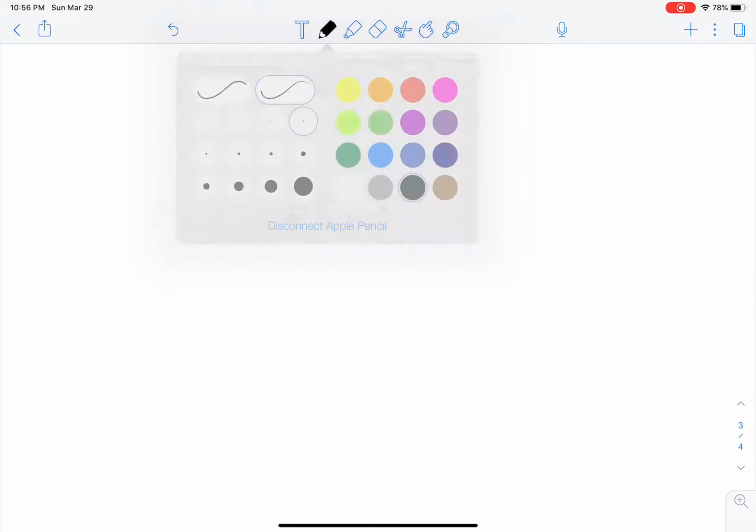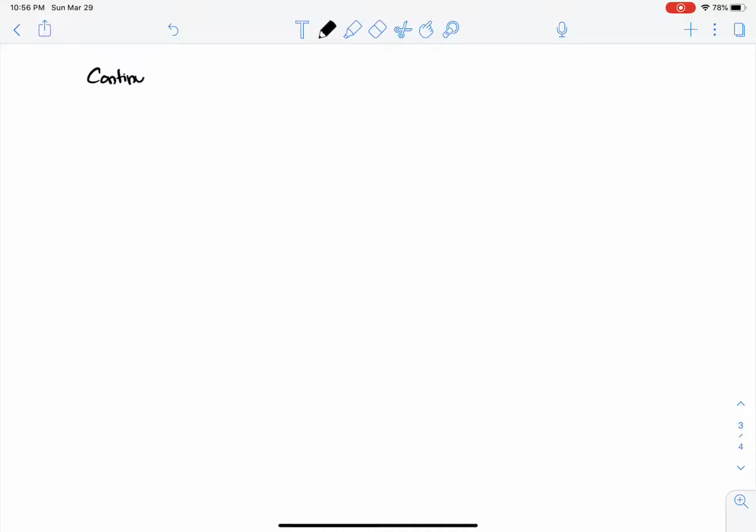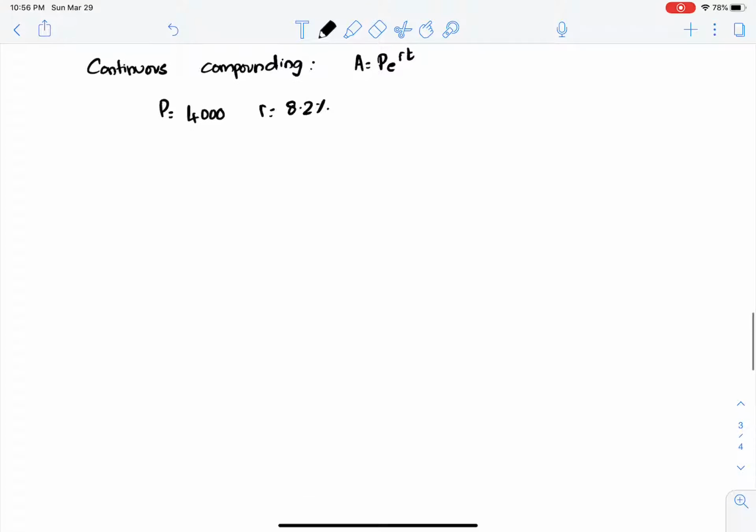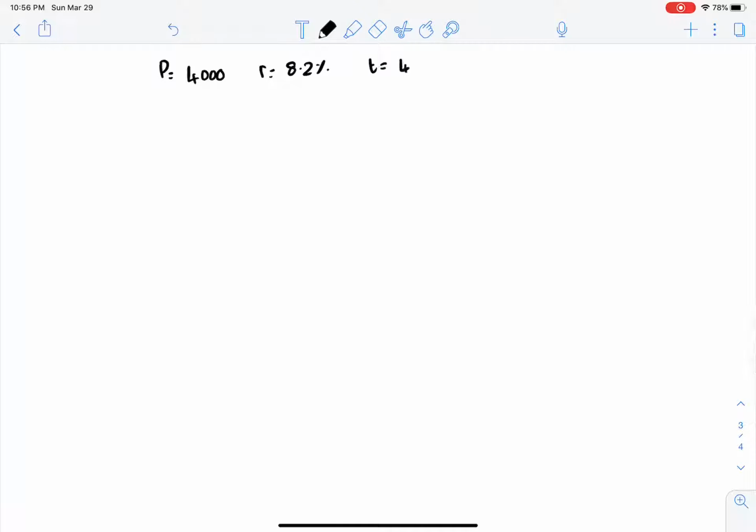The last case is 8.2% compounded continuously. So this would imply the formula is A equals P times e raised to rt. P is 4,000. The rate is 8.2% now. The time is still 4 years. Since we are compounding continuously, we have the formula Pe^rt.